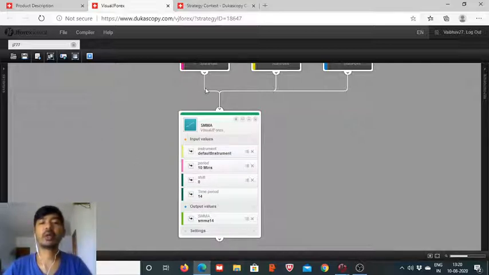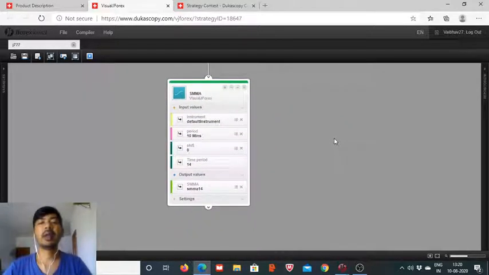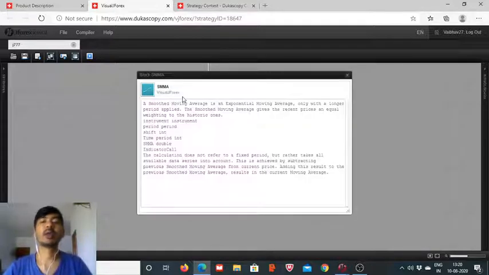All you have to do is join that block to this block, and it will work fine. Now here also, if you feel some confusion anytime, you can get this brief description from clicking on this info block, and you can go through that.